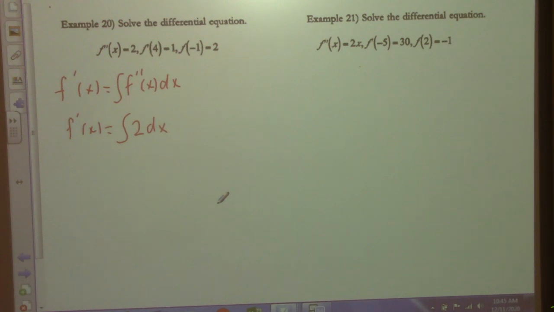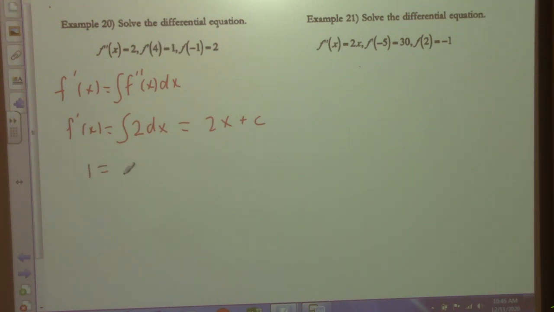Okay, so let me go ahead. I'm going to finish working out 20. I started it, and so our answer for this is going to be 2x plus c, right? Yes. Okay, and now what are we going to do? We have this. So I know f prime is equal to 1.